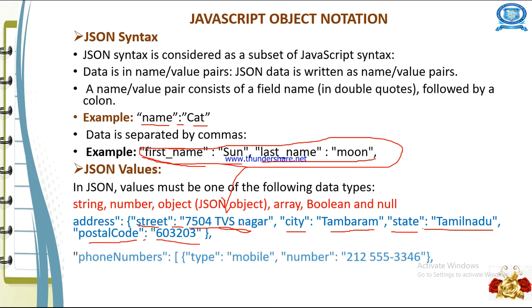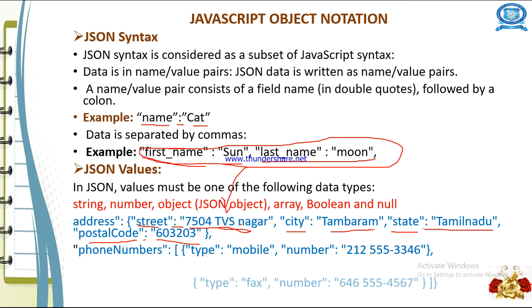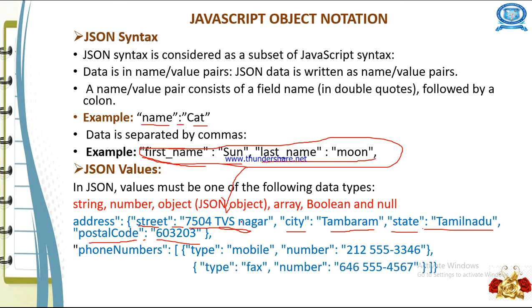See another example: the phone numbers. Type, open bracket, close bracket, and type number. This is a mobile number. The type is within double quotation, colon, and a mobile number. Next, another type for the fax number.